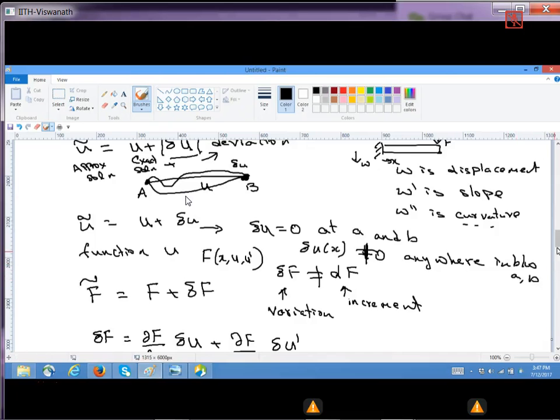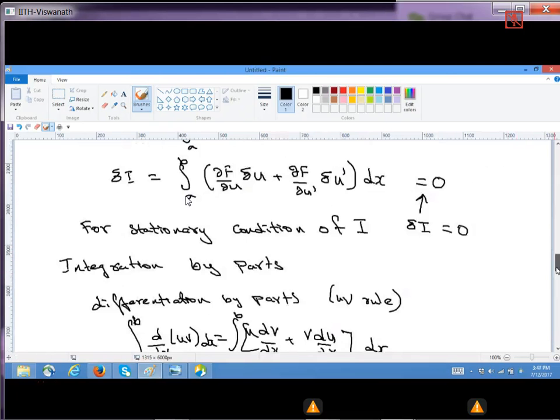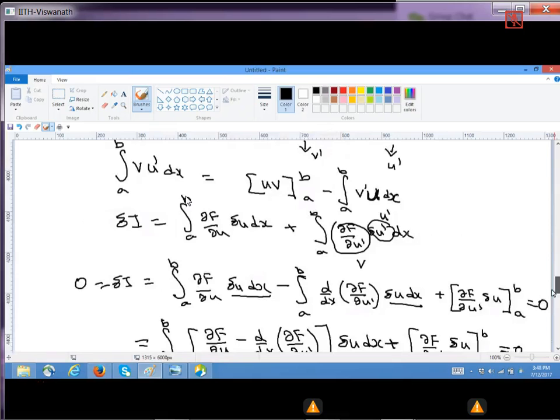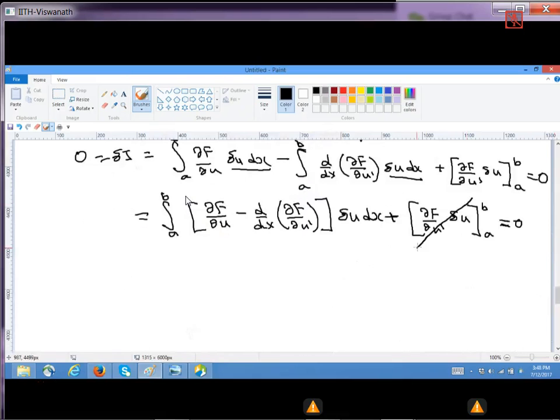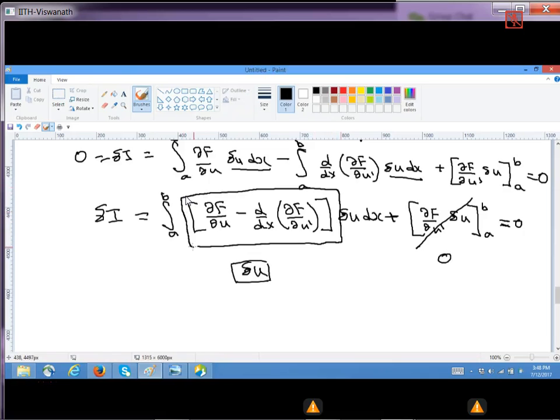So that means you can easily see that these are like your 0 component. Now δu is any variation in the path. For any given variation, now your δI has to be 0, means your integrand has to be 0.